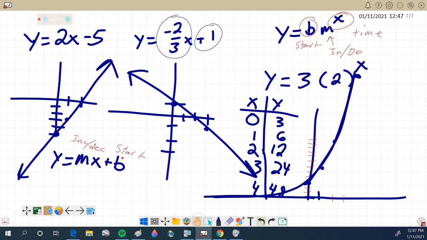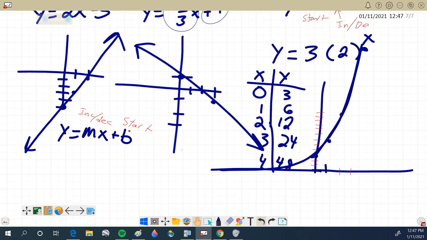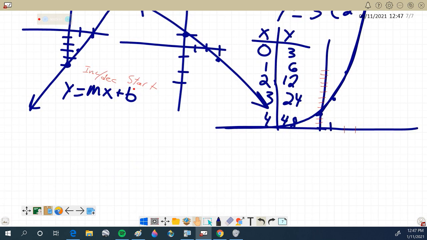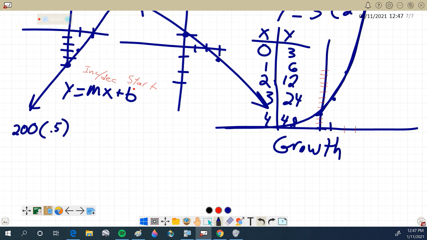Well, there's another form of an exponential equation called exponential decay. This one is called exponential growth. But what if my equation was 200 times 0.5 to the x? So I start here at 200. What happens when I multiply 200 by 0.5?